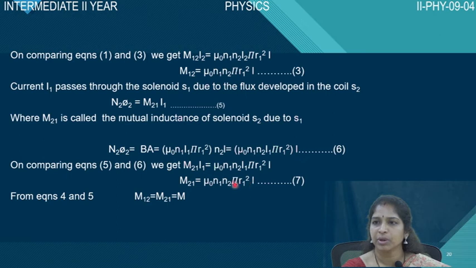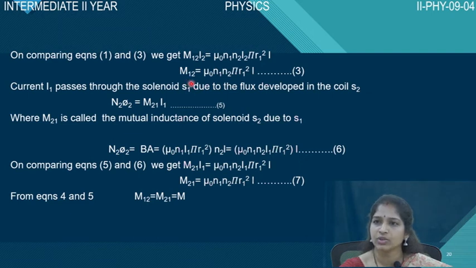After simplifying, M21, the mutual inductance of solenoid S2 due to S1, is mu naught N1 N2 pi R1 square L.